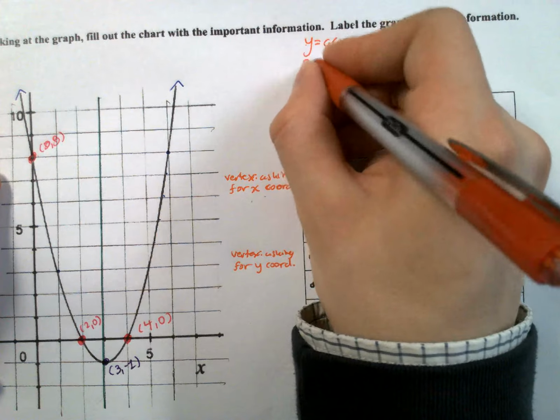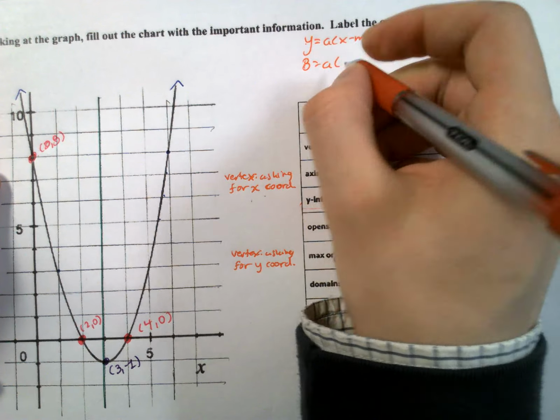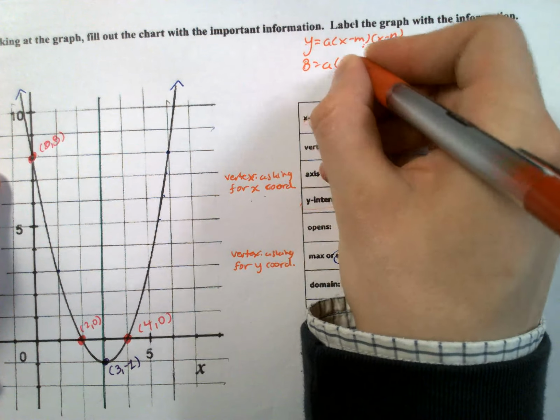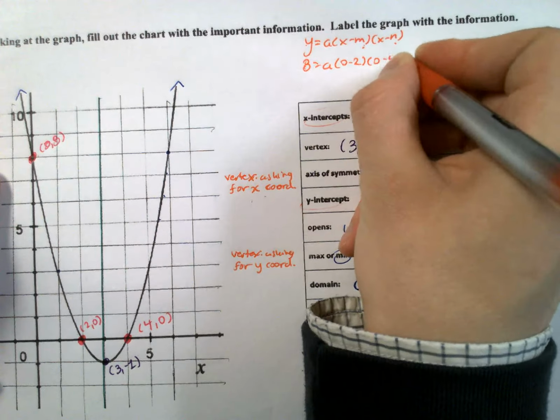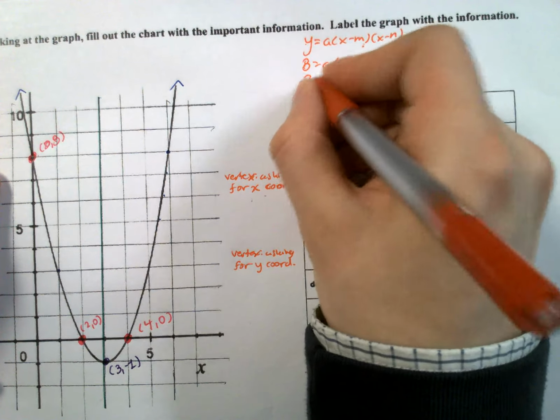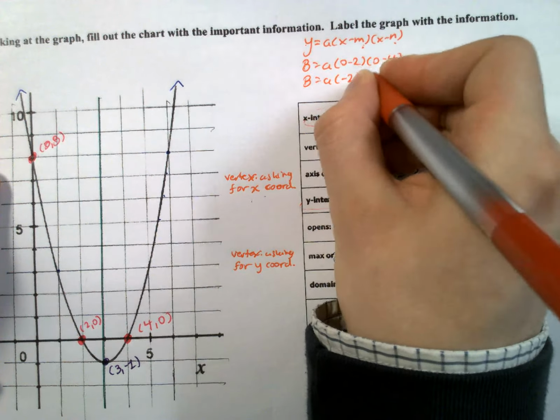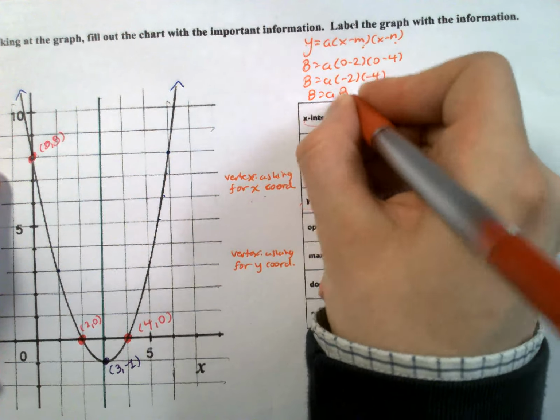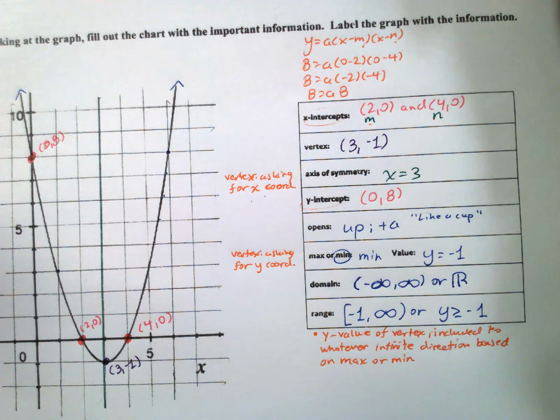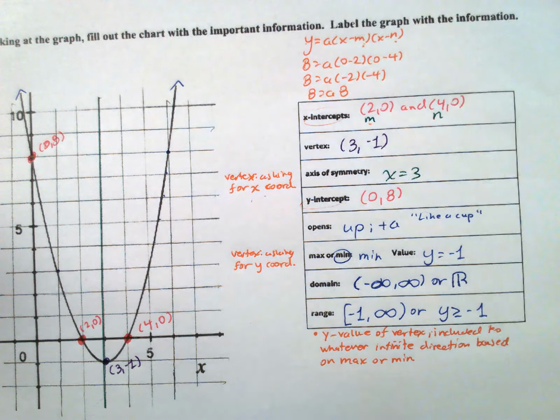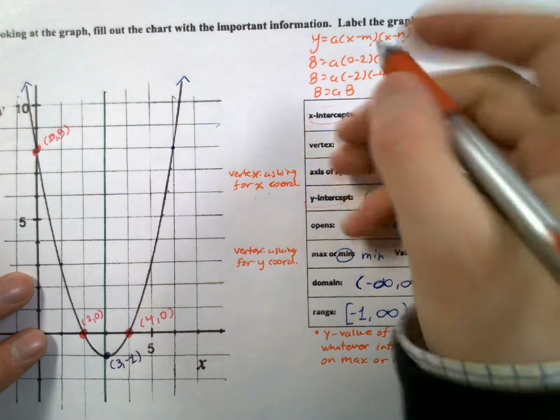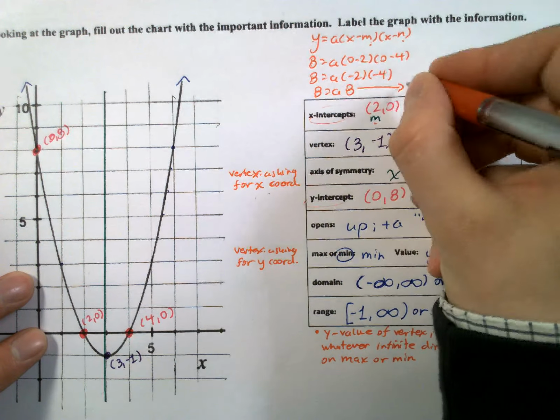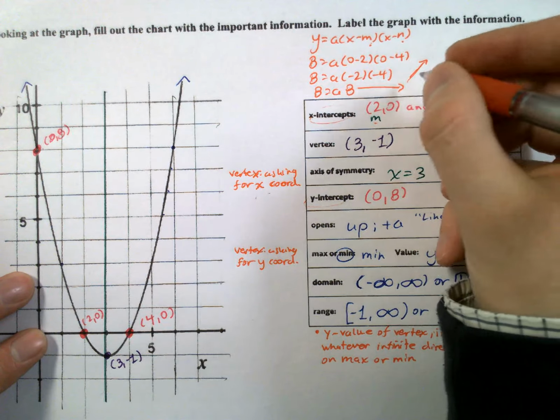So you have 8 equals a times (0 minus 2) times (0 minus 4). That means that 8 equals a times -2 times -4, which means that 8 equals 8a. So let's bring that over here to finish it.